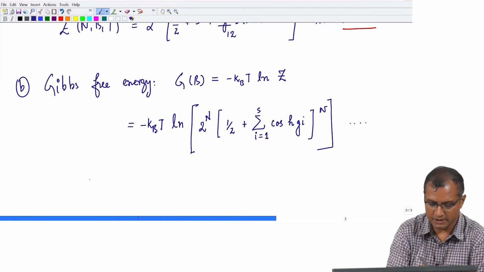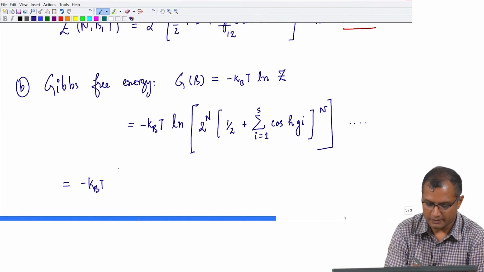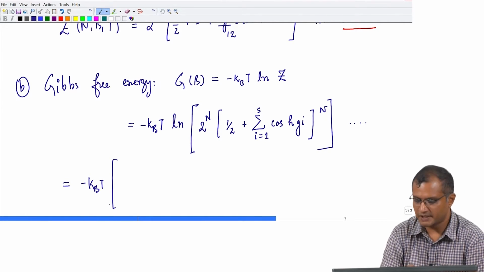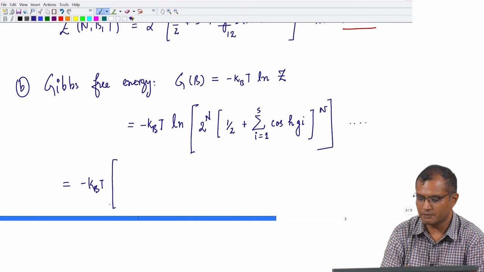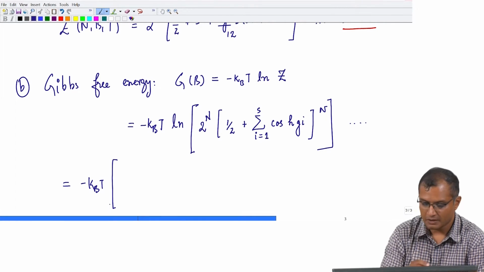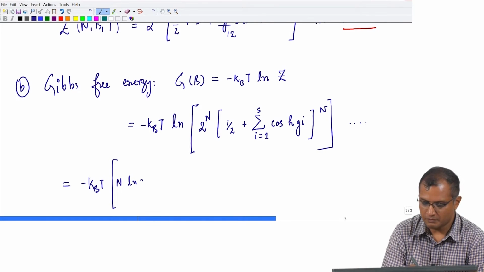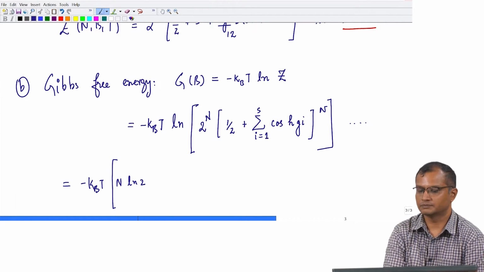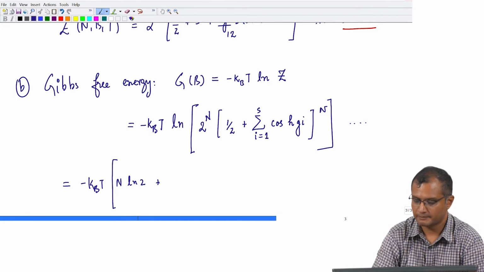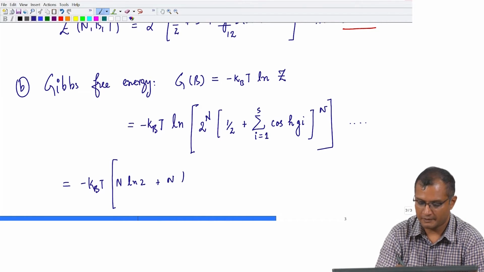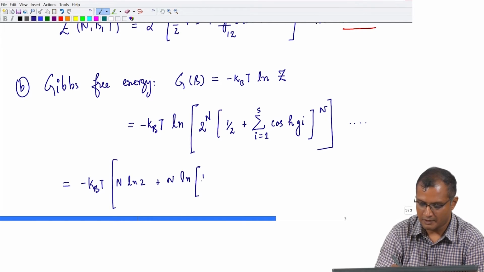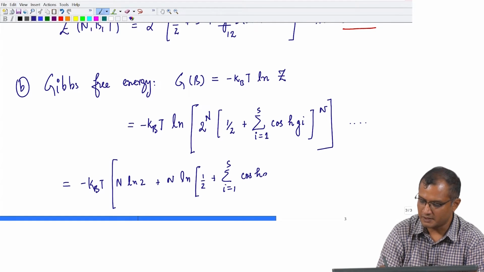So, what you can do here is nothing but minus kT, and you can simply take ln of A into B as ln A plus ln B. So, what you get here is just n ln 2 plus n ln half plus summation i going from 1 to s cosine hyperbolic g i.